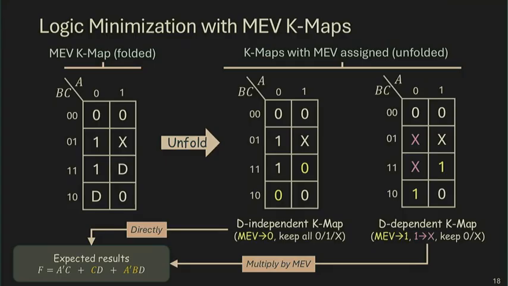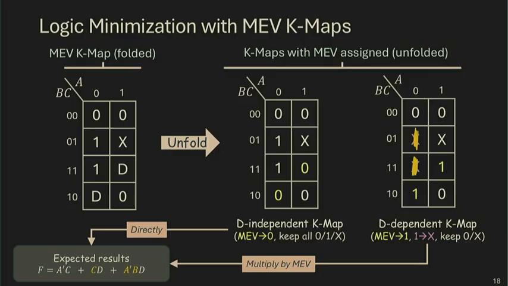Does anybody know why we're setting the minterms to don't cares in that K-map when finding these D-dependent implicants? Before that, is it OK if I put them as 1s? Do I still get a valid solution by treating them as 1s? Again, the goal for one K-map is to find all the D-independent implicants, and from this K-map is to find all the D-dependent implicants.